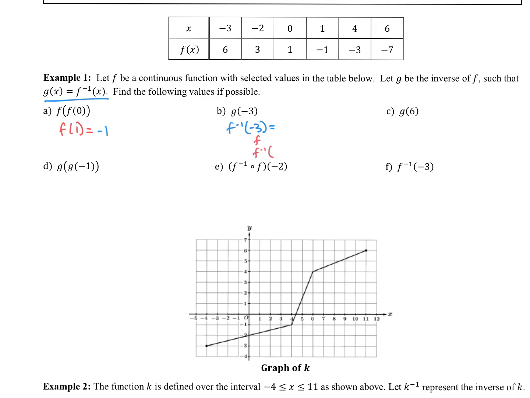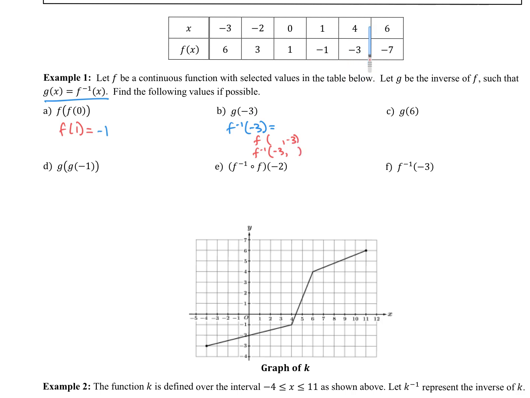And so I need to find f inverse of negative 3. And so what's an inverse? It's a switch in x and y. And so my negative 3 would be my what? My y. I have f of x here, I don't have f inverse. And so I'm looking for when the y is negative 3.